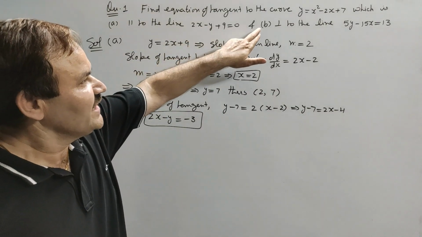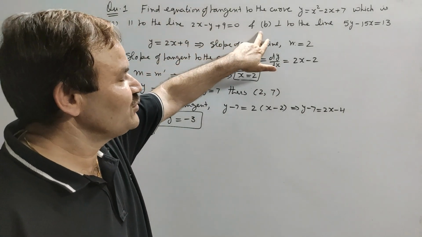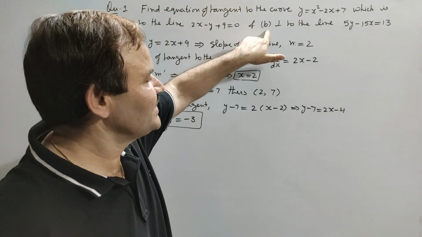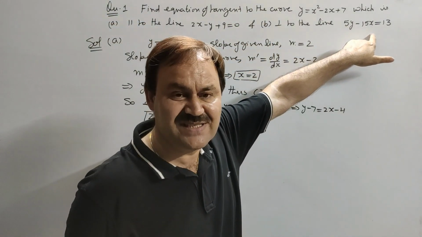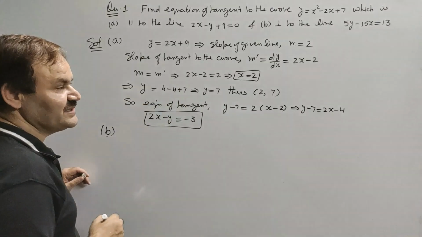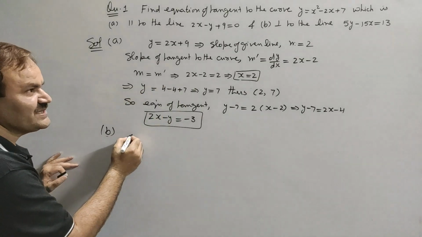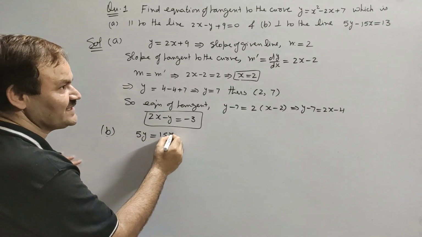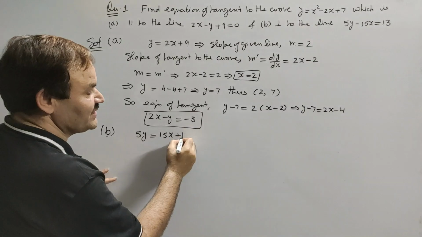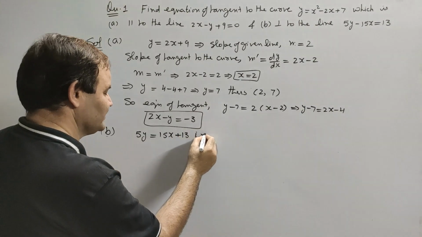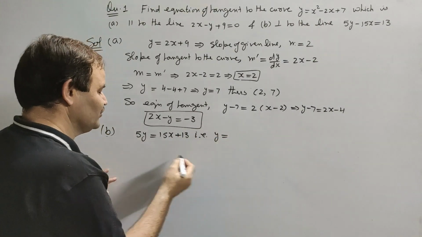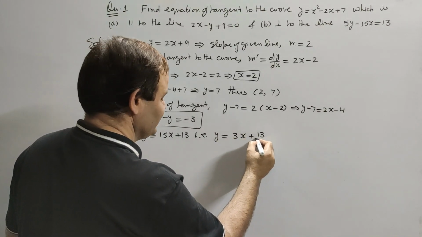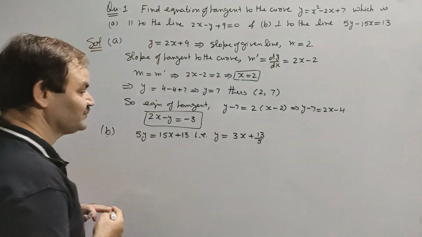Now in the second part we have to find the equation of the tangent when the tangent is perpendicular to this given line. Since the given line can be written as 5y is equal to 15x plus 13, that is y is equal to 3x plus 13 by 5.